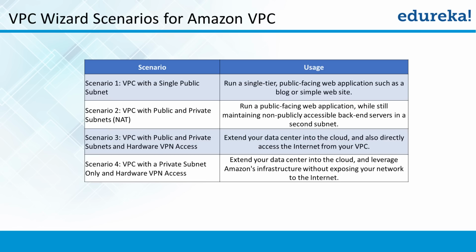Scenario 2 is pretty good as well. Here you have one public and one private subnet. Your web servers will run in the public subnet because you want people to access it from the internet. And your database servers or even application servers can run in the private subnet because you don't need any person to connect to it from the internet.